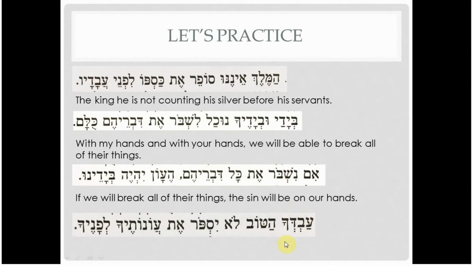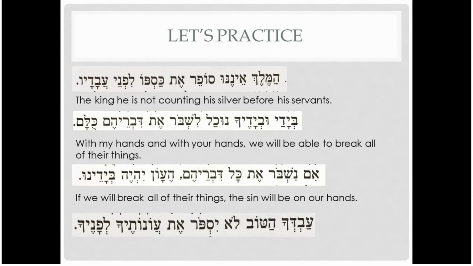Do you recognize this word? This is the word from eved, so servant. It has a pronoun on it, cha, but is it singular or plural? Remember, use the test. Use the four things that need to happen to it.